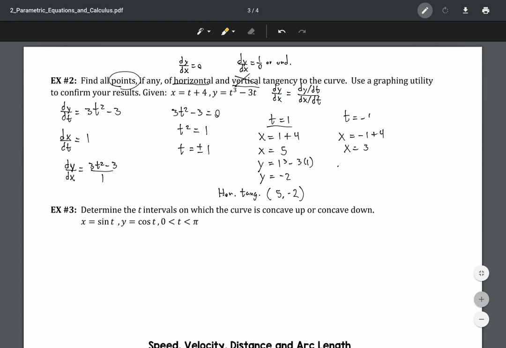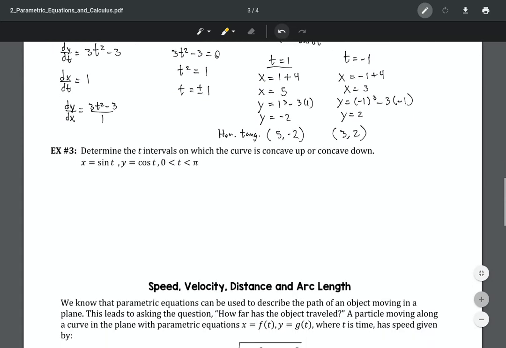And if I plug in that negative 1, negative 1 cubed minus 3 times a negative 1. So that's going to be 3 minus 1, which is positive 2. So my other point where I have a horizontal tangent is (3, 2). And that's it for that. So again, we don't have a vertical tangent. We only have a horizontal here.